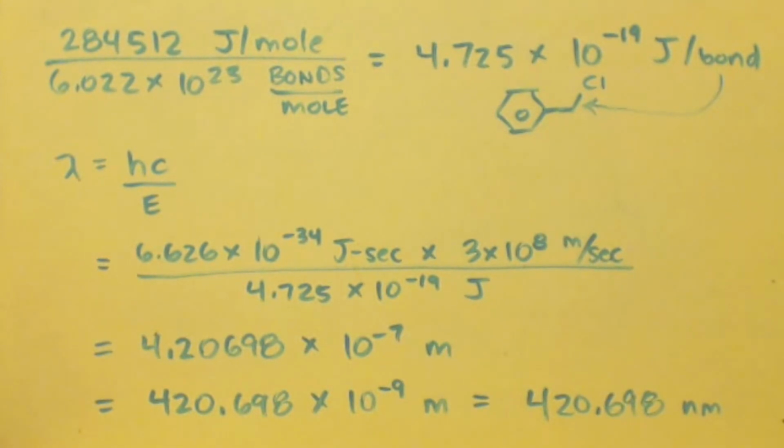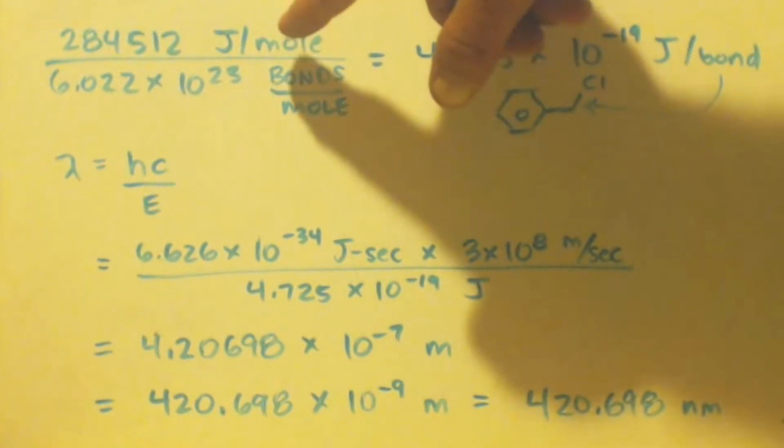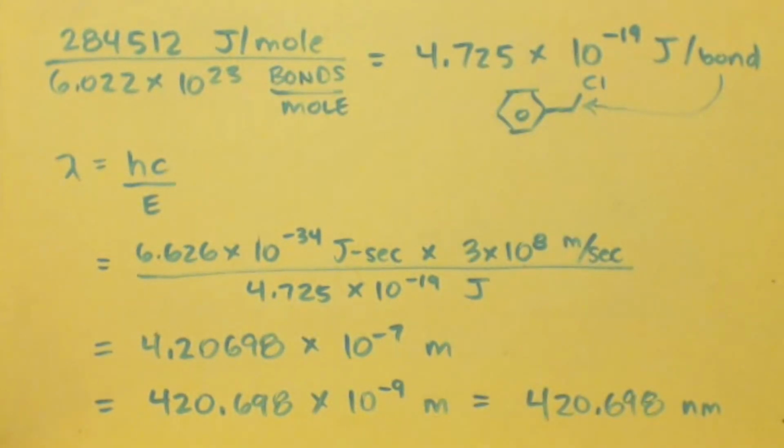They all seem to be pretty good, not like the wavelength frequency charts that suck. Then I divide by how many bonds are in a mole, because I want to cancel out the moles and get joules per bond, and I get this number here.